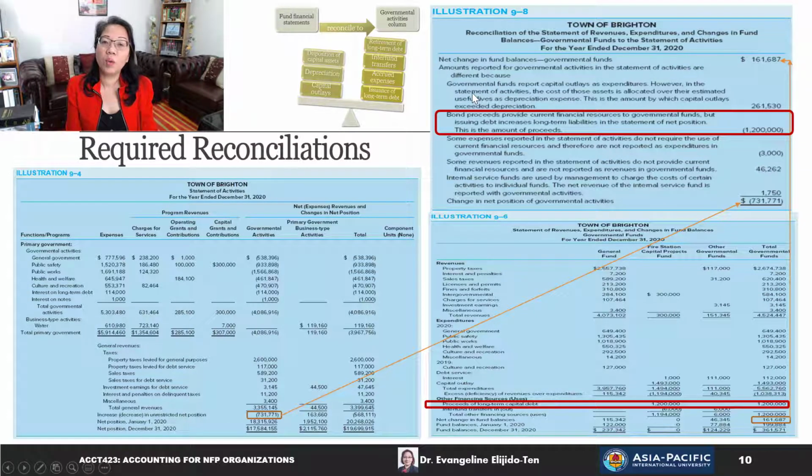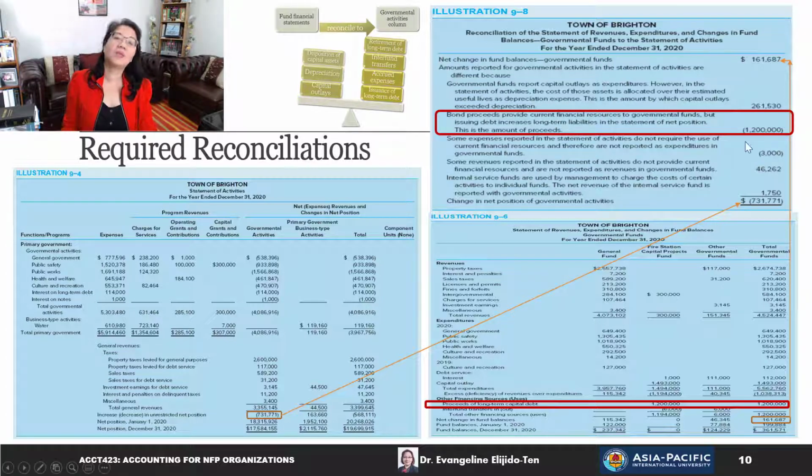Because, number one item, governmental funds report capital outlays as expenditures. However, in the statement of activities, the cost of those assets is allocated over their estimated useful lives as depreciation expense. So this is the amount by which capital outlays exceeded depreciation.